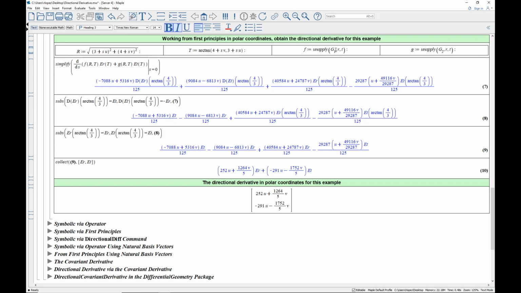Let's take the components of the vector field G and make functions out of each component so it's easier to make substitutions. So this is the first component in polar coordinates, second component in polar coordinates. We need a representation of the vector in polar coordinates.